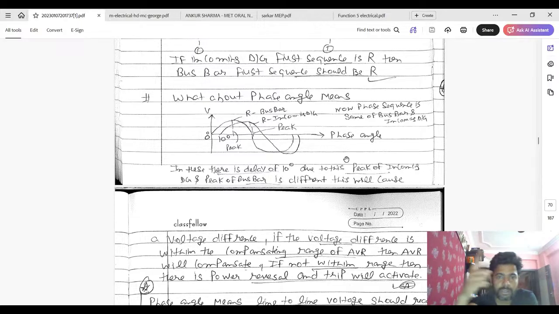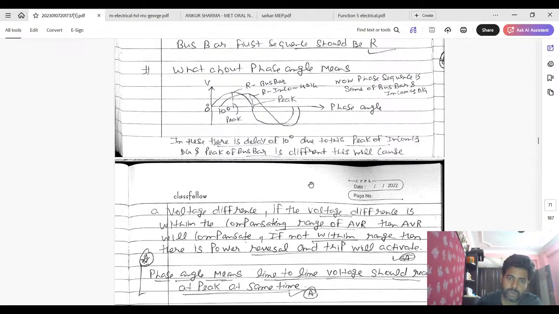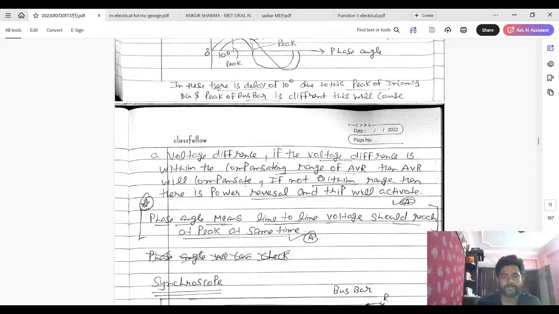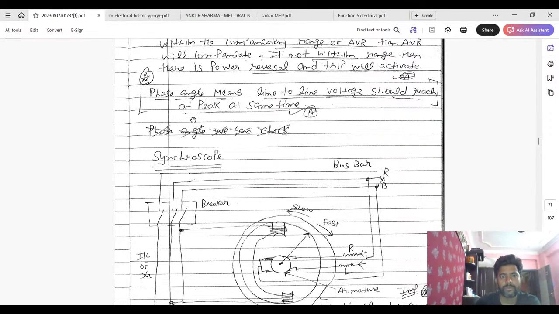That's why we require slow, clockwise direction of the pointer. In auto mode, it will close at 12 o'clock. And if we are running the generator manually, approaching 12, around 11 o'clock, we close the breaker. Phase angle means line to line voltage should reach the peak at the same time.